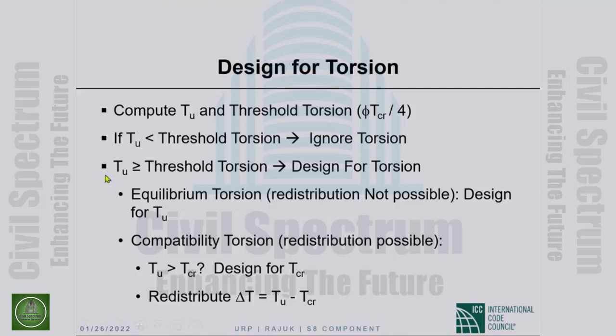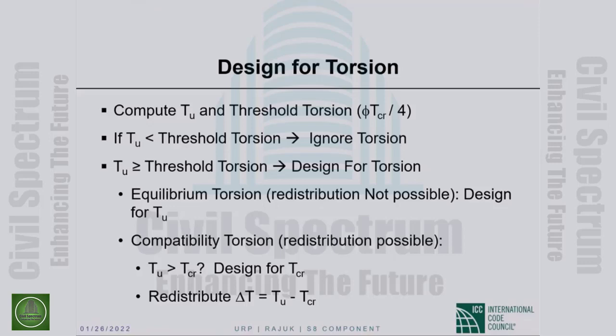If, however, the required torsional strength is larger than or equal to the threshold, 1/4 of the cracking torque, now we will have to design for torsion. Now we will have to figure out if the torsion is equilibrium torsion or compatibility torsion. And we will define that later.